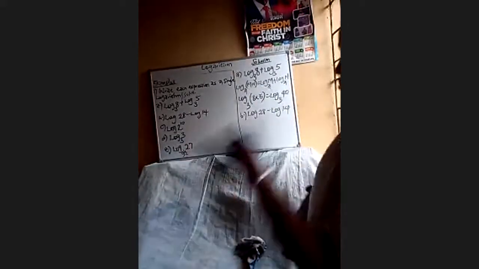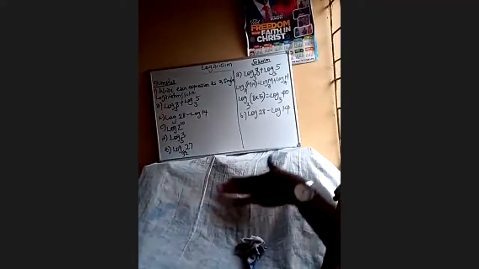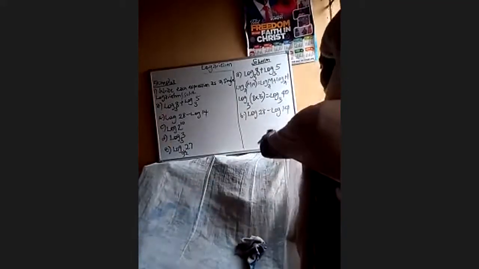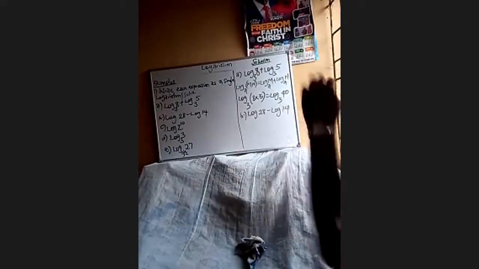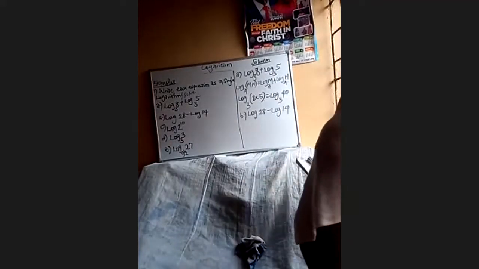The general rule or the acceptable thing in mathematics is that when you see any logarithm without a base, it is a logarithm of base 10.